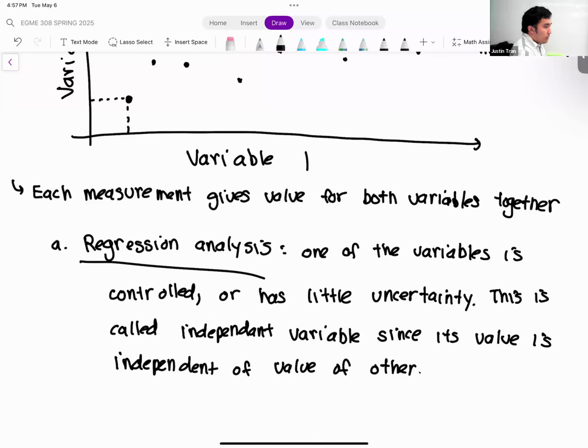Right, and then the other variable in this case is the dependent variable. So that one will change and we'll have some uncertainty.